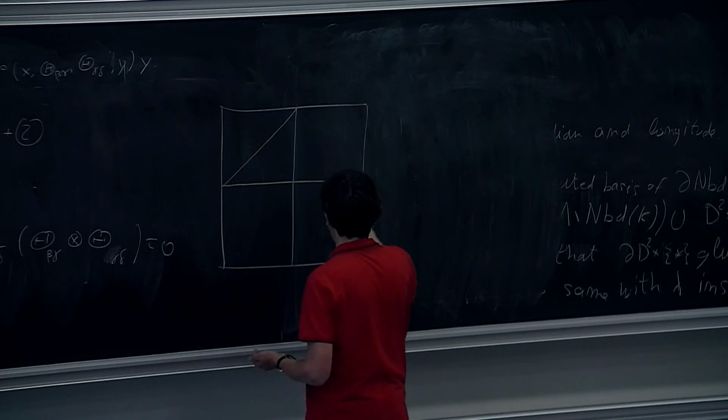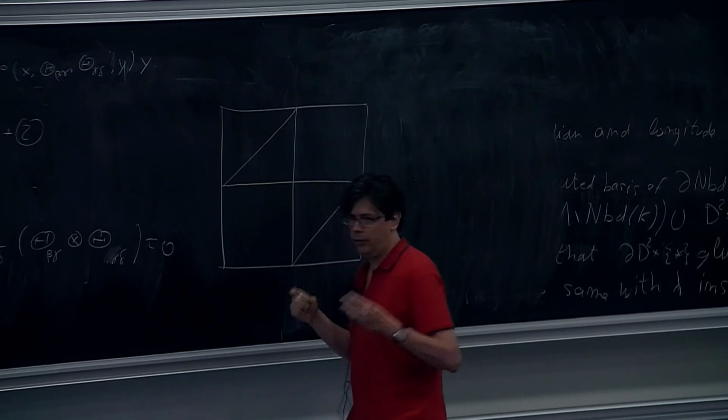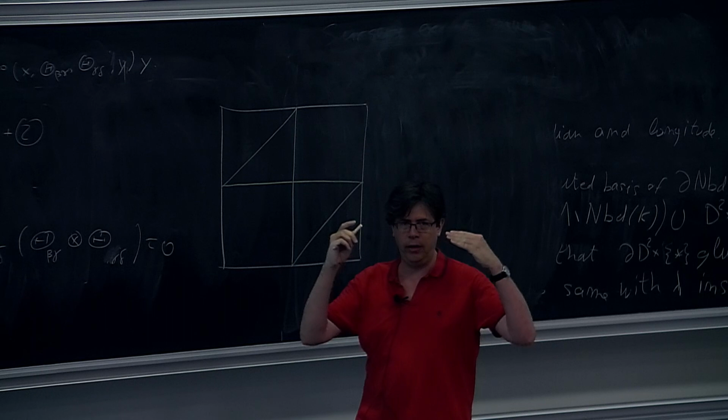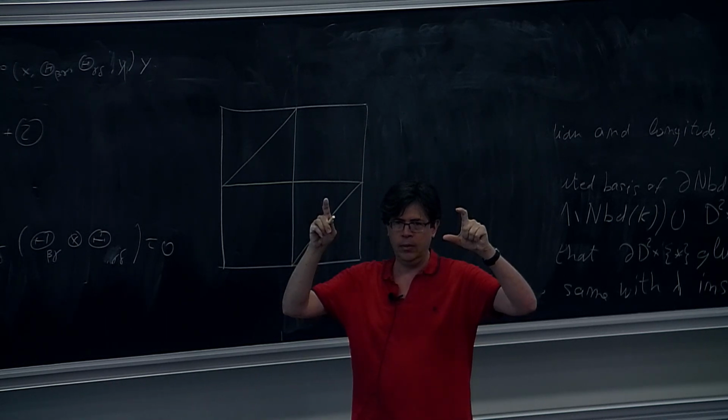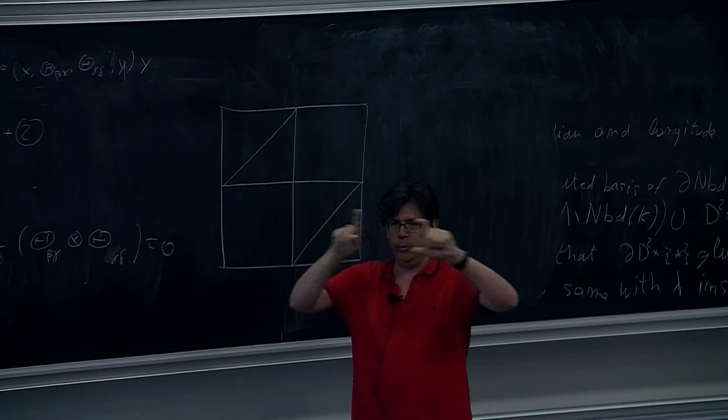So when we draw this picture, you should observe that this picture is on the Heegaard surface, which is oriented as the boundary of the complement of the neighborhood of the knot.